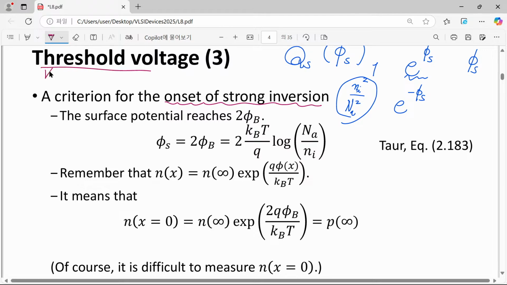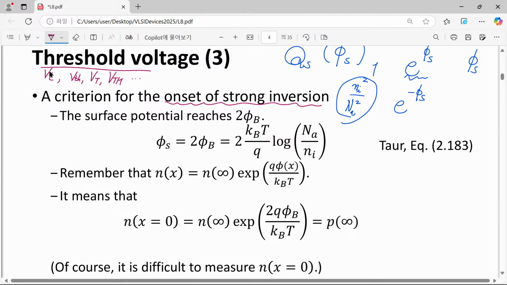Threshold voltage is typically written as Vt in this textbook. However, we can find many different nicknames or symbols: Vth, VT, and so many different variants of T or Th.